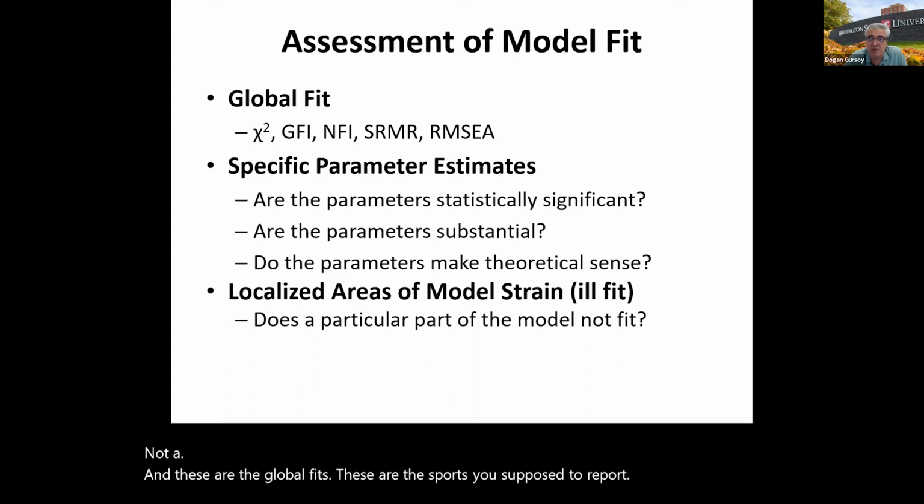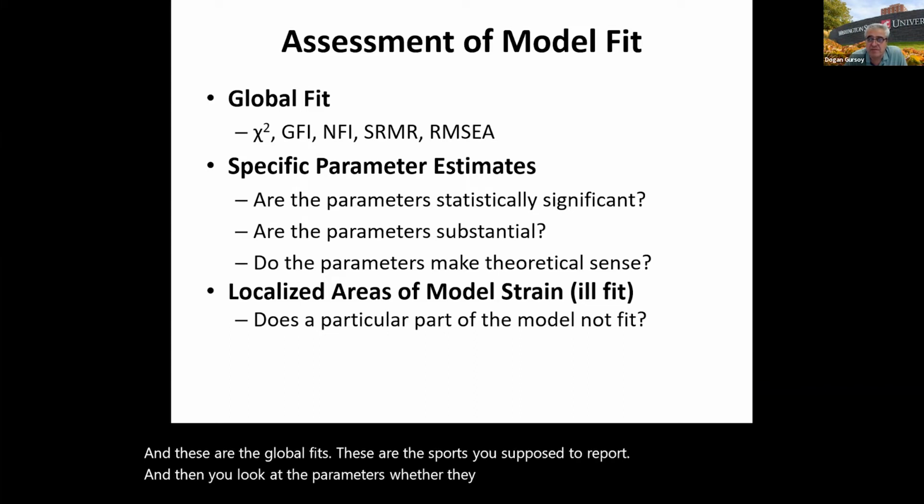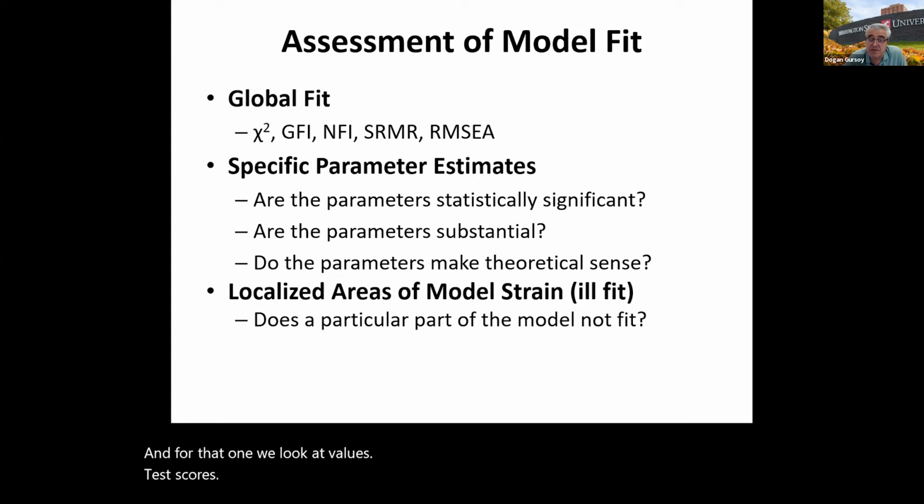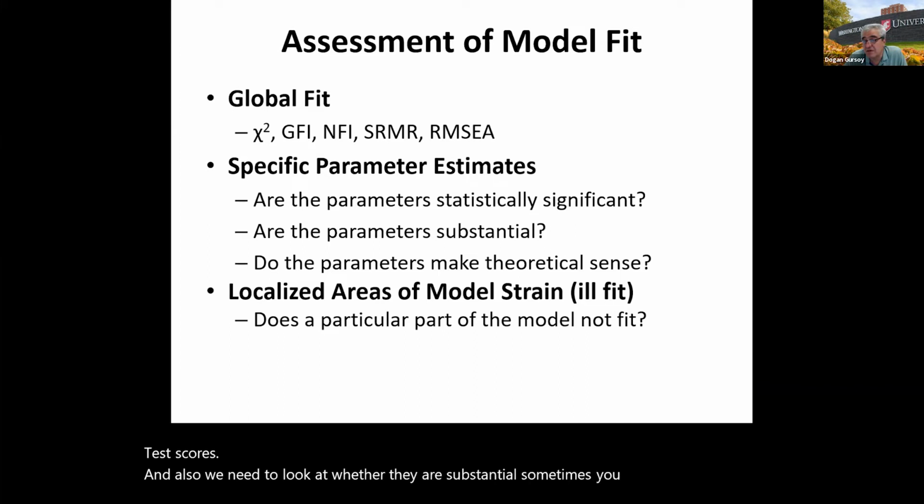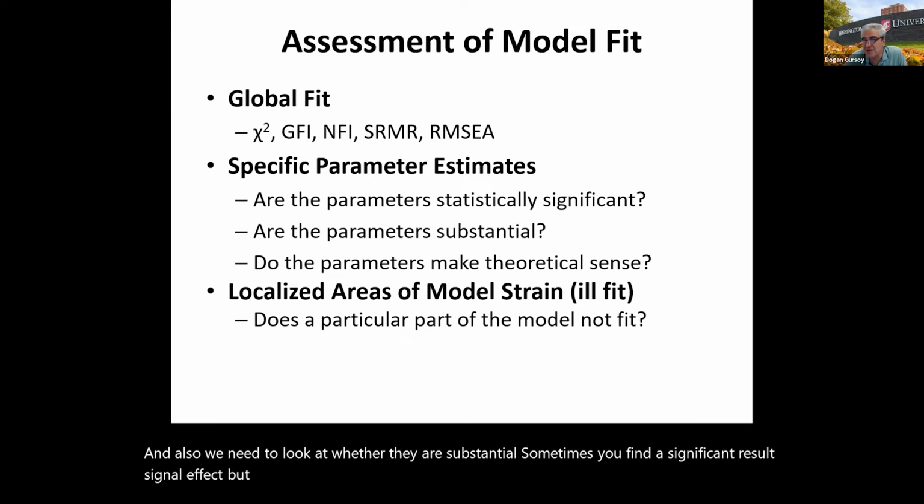And then you look at the parameters, whether they are significant. And for that one, we look at t-values, t-scores. And also we need to look at whether they are substantial. Sometimes you find a significant result, significant effect, but the effect is so small it doesn't make sense. So you need to make sure that they are significant.